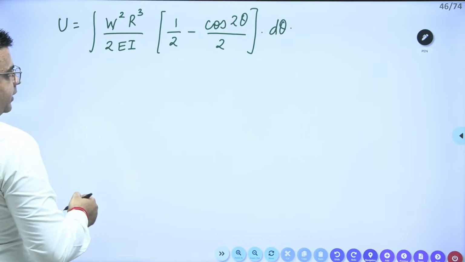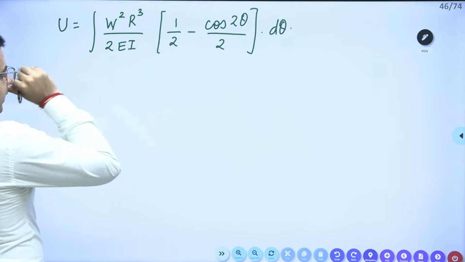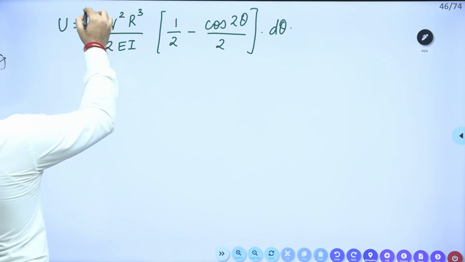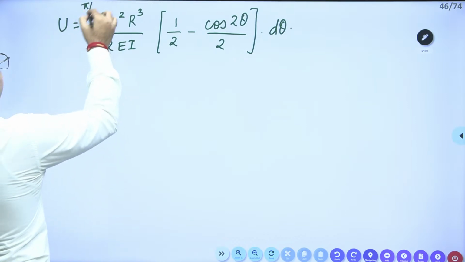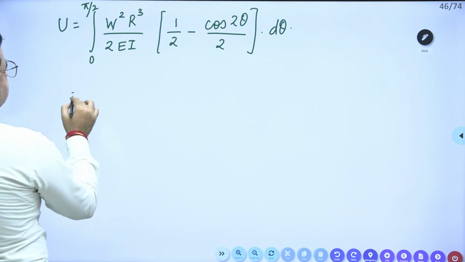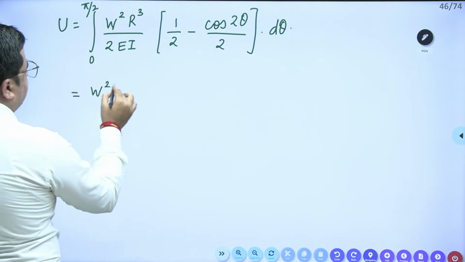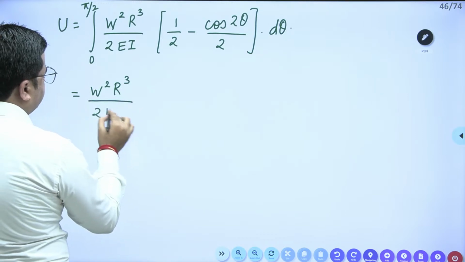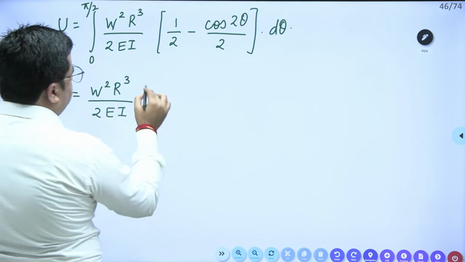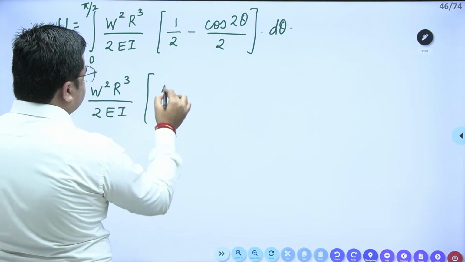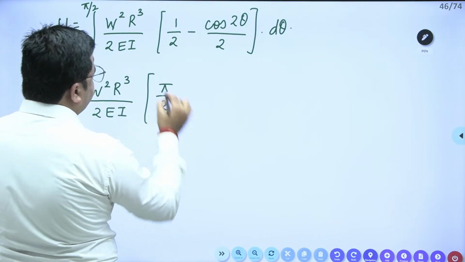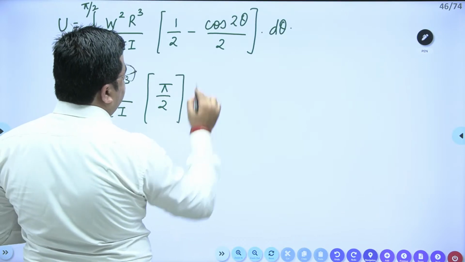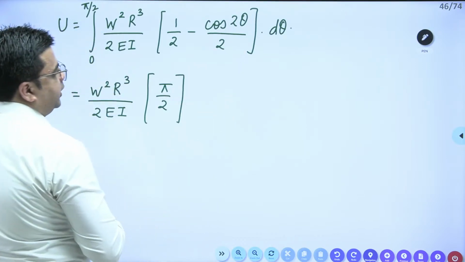This theta integrates from 0 to pi by 2. So this is pi by 2. So this is W square r cube upon 2EI into pi by 2 only, and the integration of cos 2 theta is sin 2 theta by 2.